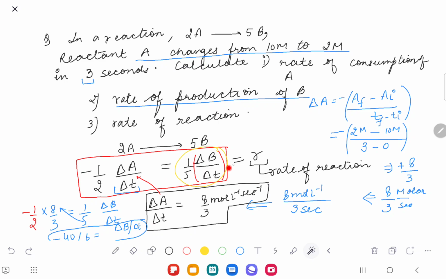So when they're all equal, Shruti, what would happen? Just to find out R, what do you think I should do? I have written minus 1 over 2 delta A by delta T, which equals 1 over 5 delta B by delta T, which is my rate of reaction. So all these three are equal, isn't it?